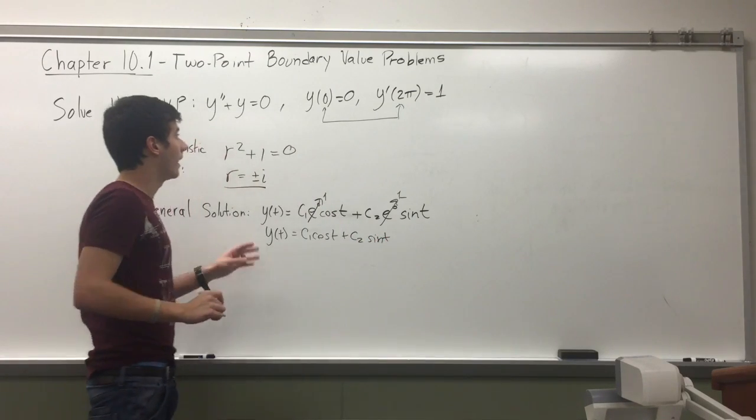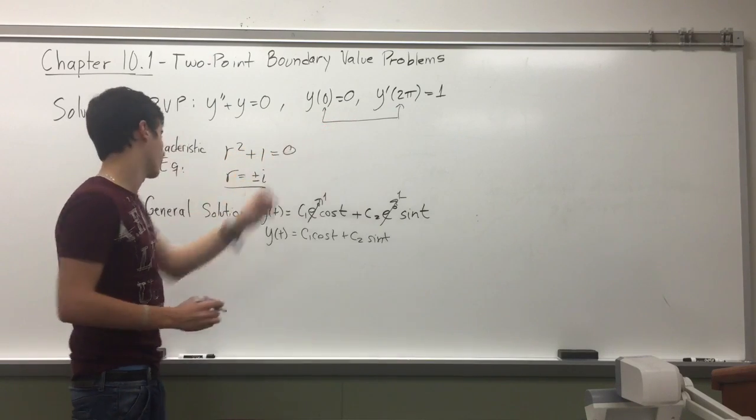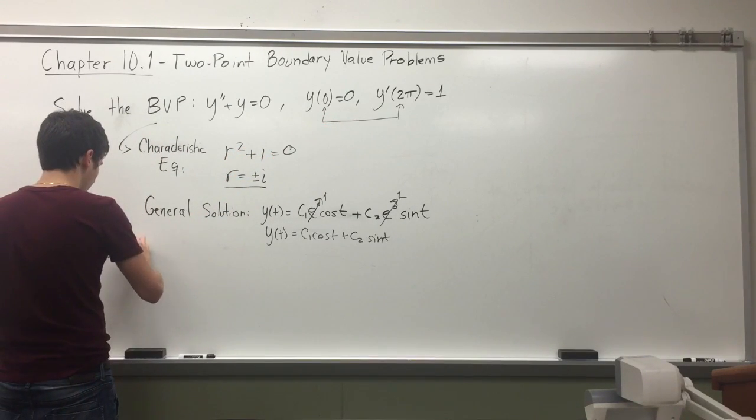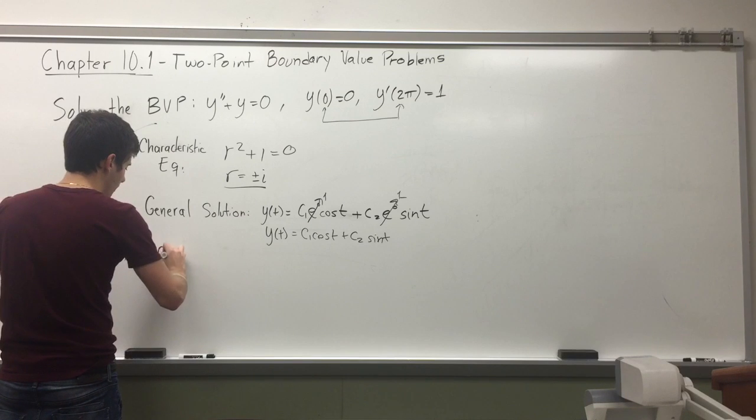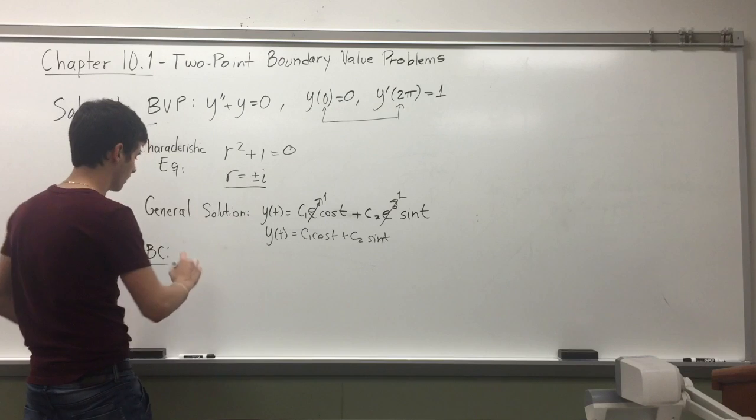All right, and now we're given these two conditions. We'll start by doing the left boundary condition. So the left boundary condition is y of 0 is equal to 0.